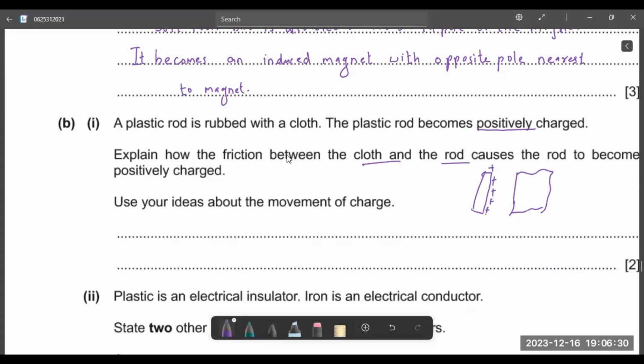Use your ideas about the movement of charge. So as it has become positively charged, it means electrons from this rod have moved towards this cloth. The cloth will be negatively charged. Electrons from the rod move towards the cloth.